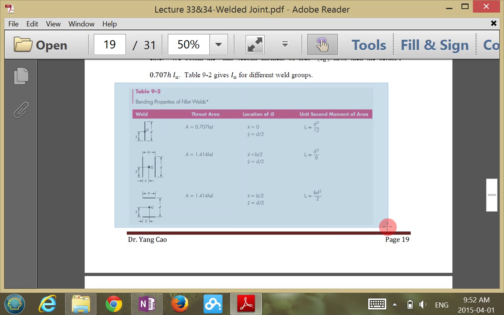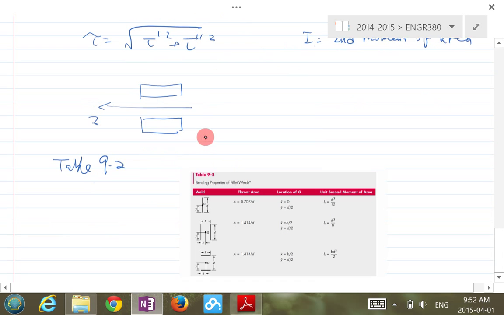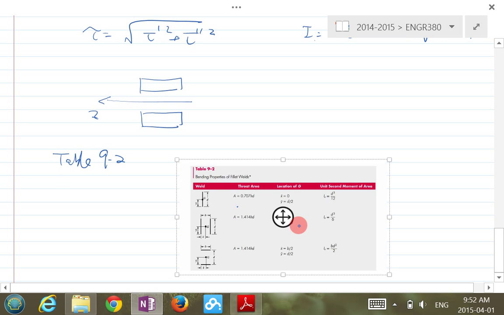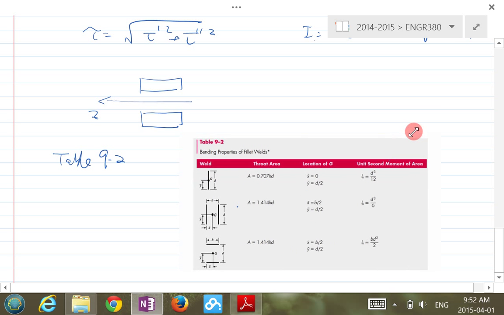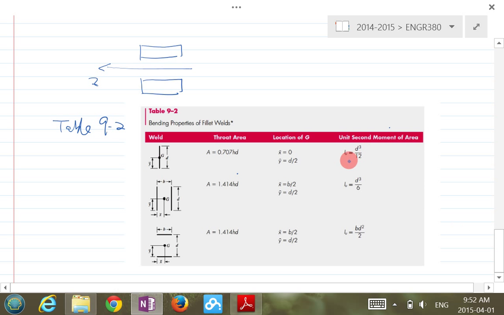What you do is find the corresponding geometry, and then look for this symbol here, I_u, which is called the unit second moment of area. It's a quantity calculated based on the assumption that the throat area thickness is a unit, 1. That's how the I_u is calculated.